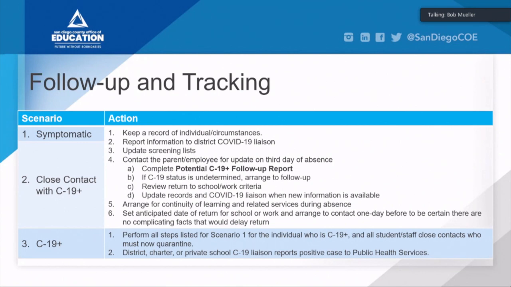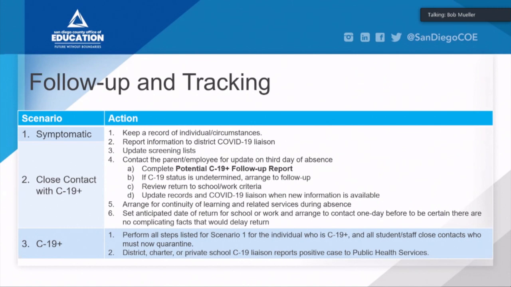And then we should set tentative dates for return so people know how long they're going to be out, and be sure that we've got follow-up mechanisms in place to ensure that that tentative date still works, that the person doesn't need to stay out longer than that tentative date.